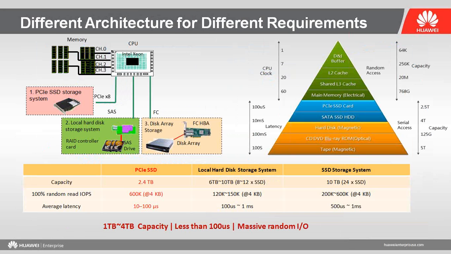If we look on the left-hand side of this screen, we're looking at memory and the CPU and how things are connected. Typically, you may have a disk array with fiber channel that you're going out to, or you might have a local SAS or SATA storage system with a RAID controller, and then you have PCIe-SSD, which is plugged into the system board.